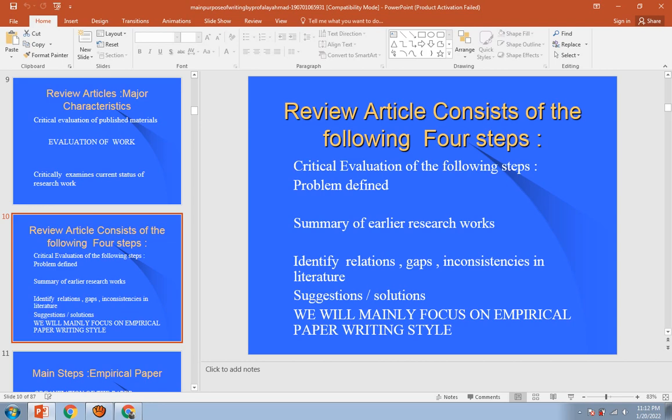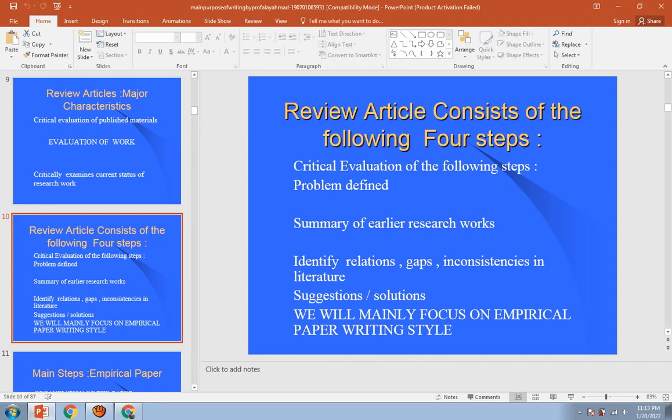We are talking about a review article. How? That identify relations, identify the present status. Is there any gap in the research? Is there any consistency? Is there any dissonance in literature? If there is, then explain it.